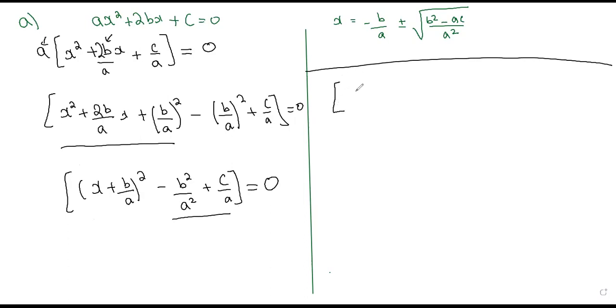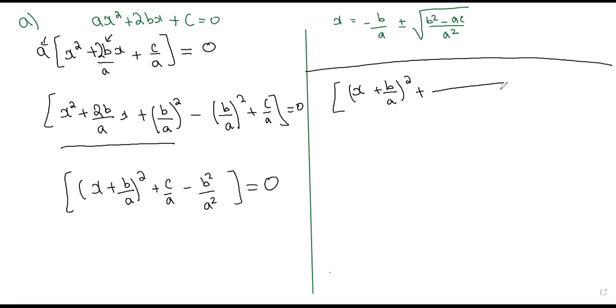So I would have (x plus b by a) squared, I can write it down this way, plus c by a minus b squared by a squared. Now I can take the LCM.